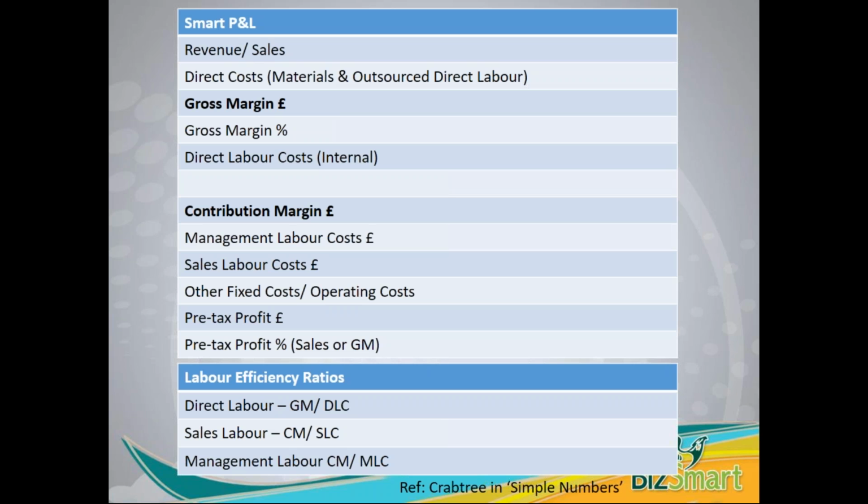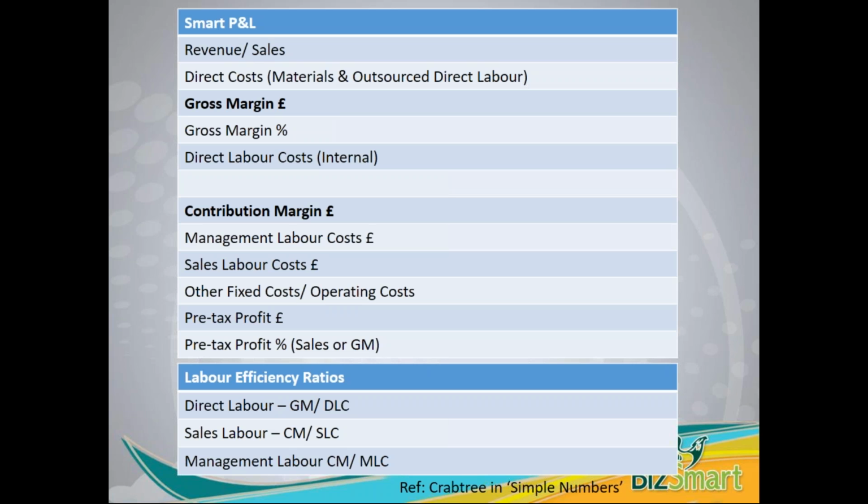Similarly with sales, but we use a contribution margin for sales, and similarly for any management labour ratio, we would use a contribution margin for that. So we're dividing either the gross margin or contribution margin by whichever labour cost we're looking at, and that gives us a number, which you'll see in a minute how that can be used to monitor over time.